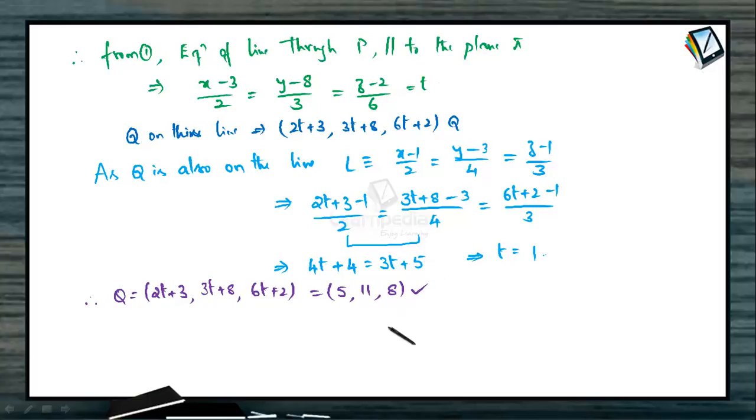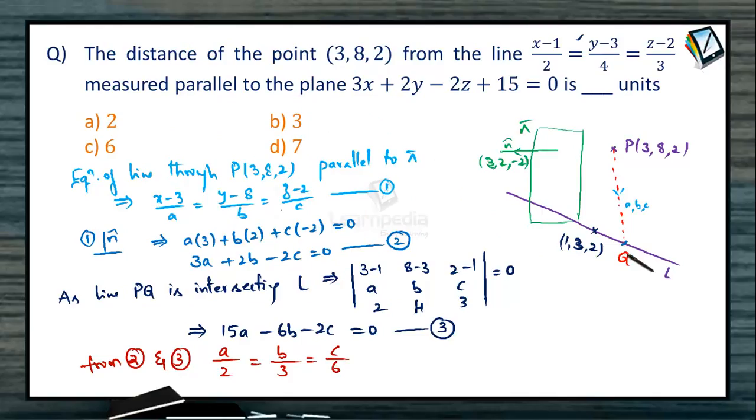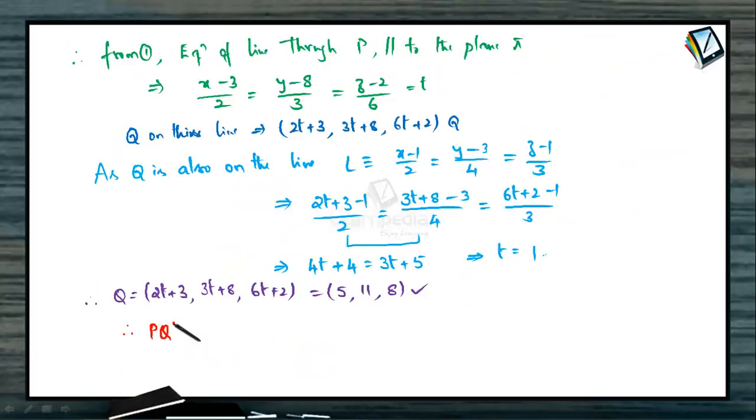What is required now? Yes, we need the distance PQ, which is the distance measured parallel to the plane from P to the line. Therefore, the distance PQ is the distance between the point (5, 11, 8) and the point P, which has coordinates (3, 8, 2).